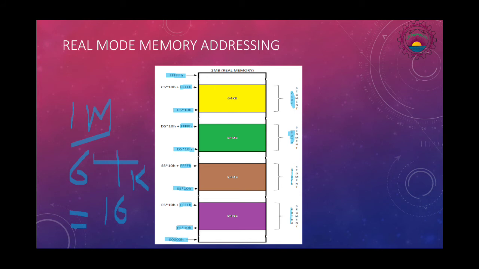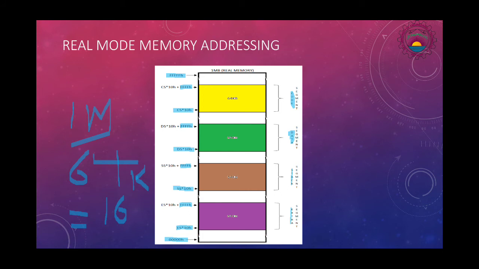So we are using only 4 of the 16 segments possible. So 12 segments of space are available. So we may declare that more than one code segment may be present in real memory, or more than one data segment may be present in real memory.